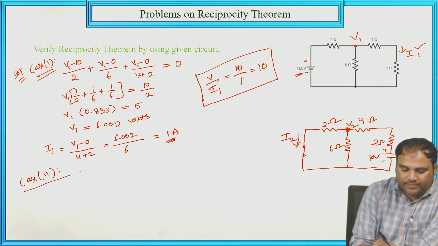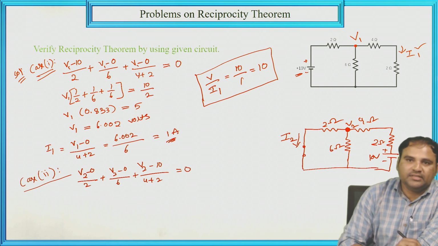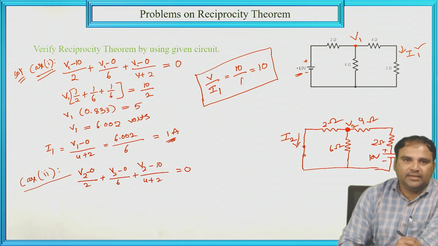So we'll get V2 minus 0 by 2 plus V2 minus 0 by 6 plus V2 minus 10 divided by 4 plus 2, that is equal to, there is no current source, so that should be equal to 0.